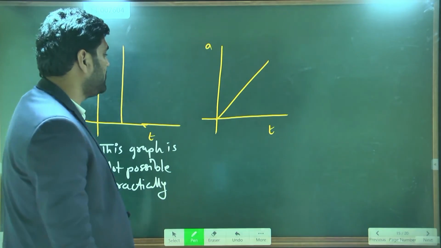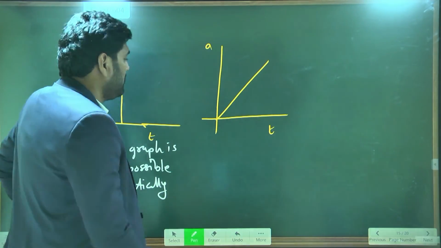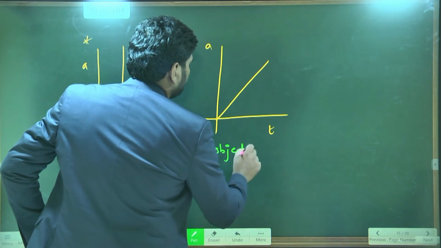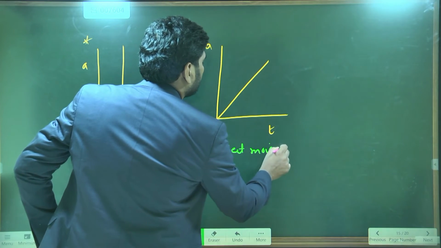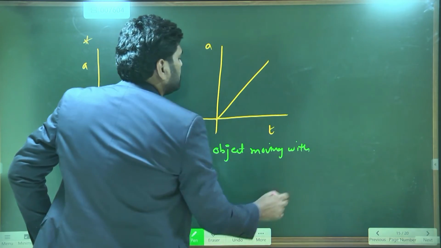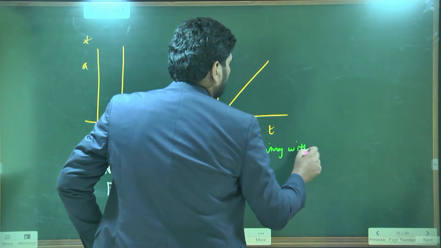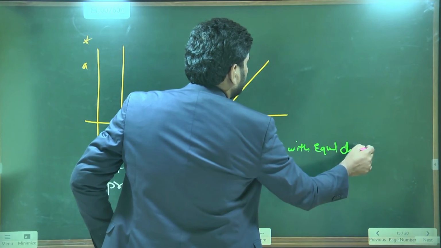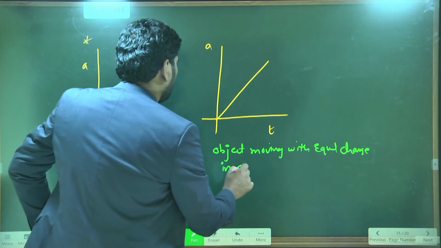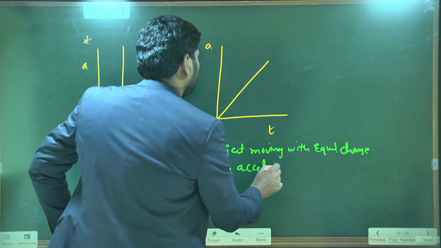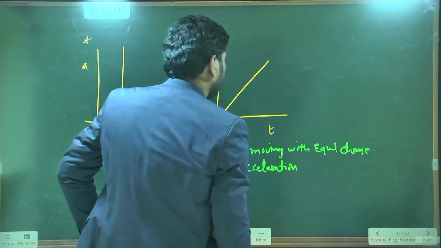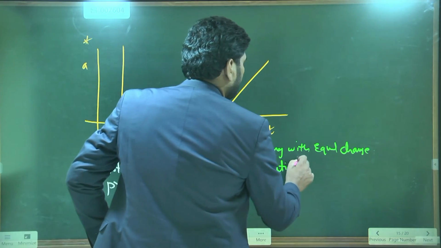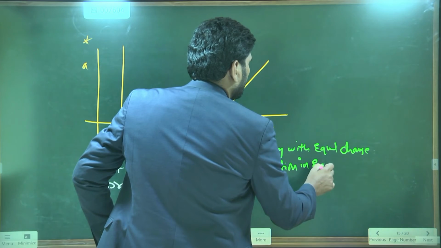So the representation is: object moving with equal change in acceleration in equal intervals of time.